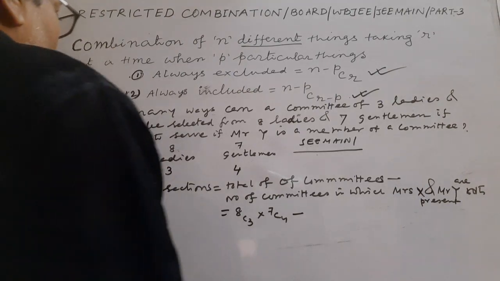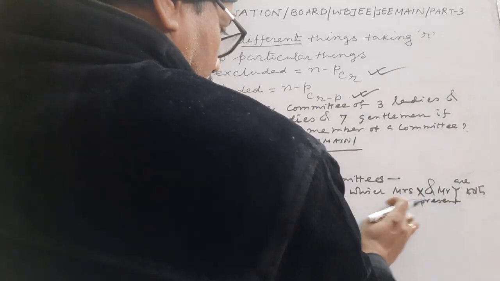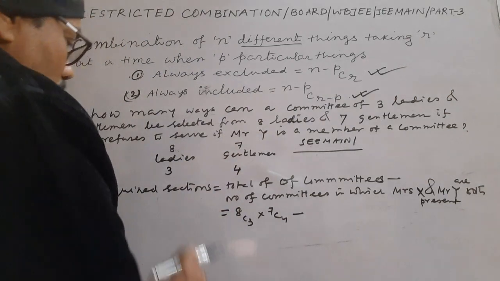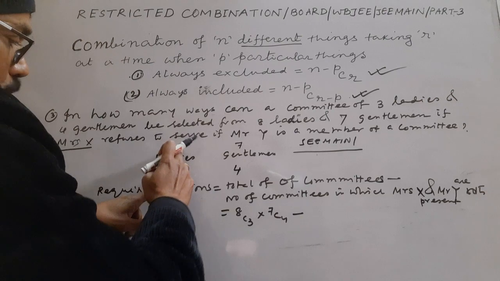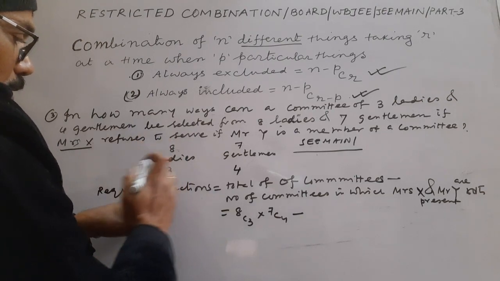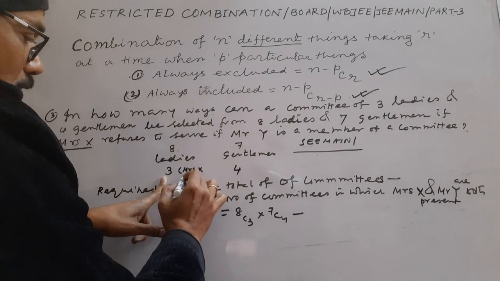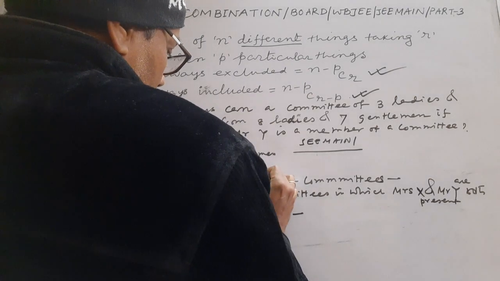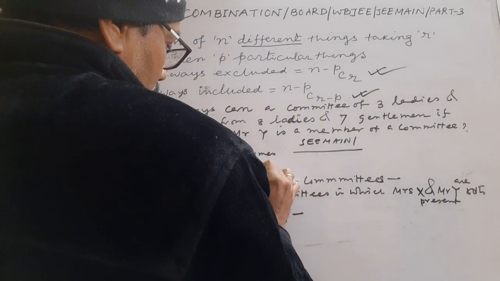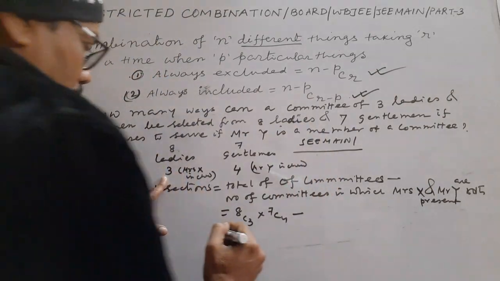Now, 8 ladies and Mrs. X is included. Out of 8 ladies, we have to take 3 when Mrs. X is included, and here Mr. Y is included.